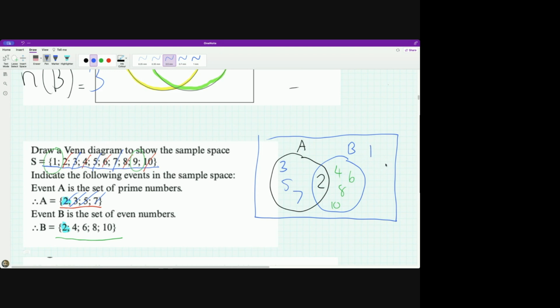So that's going to be 1 and 9. And just to show you how you would represent that, A or B is the region over there, not A or B is just that. The dash says, so these guys, 1 and 9, are in that region over there.